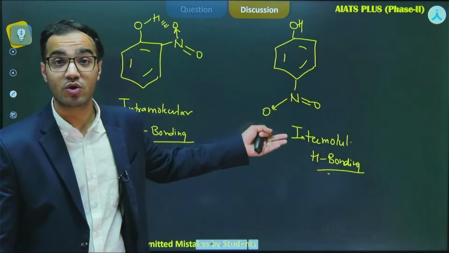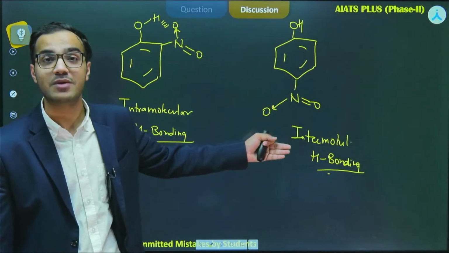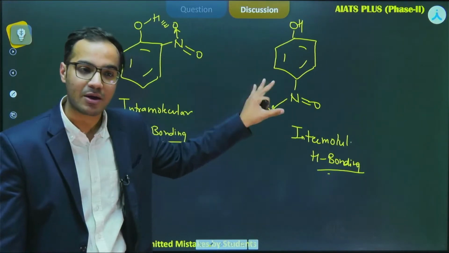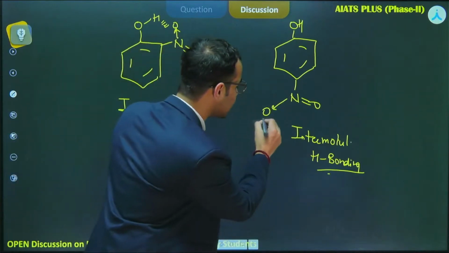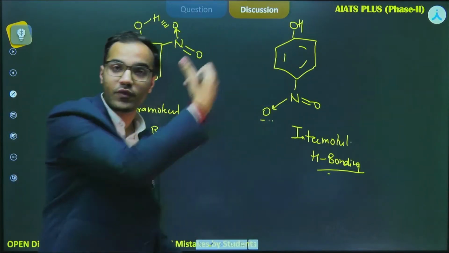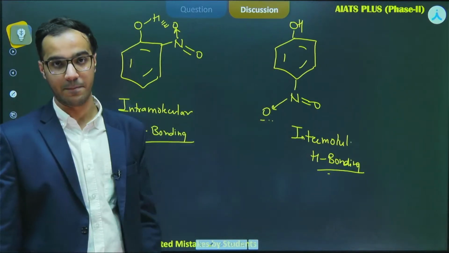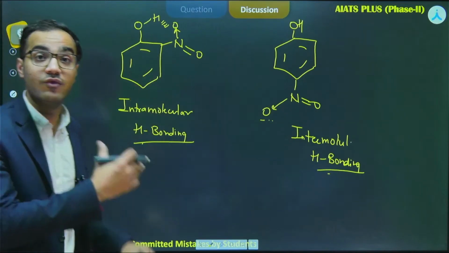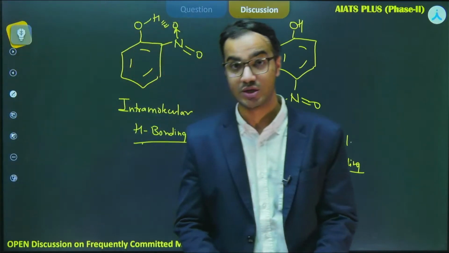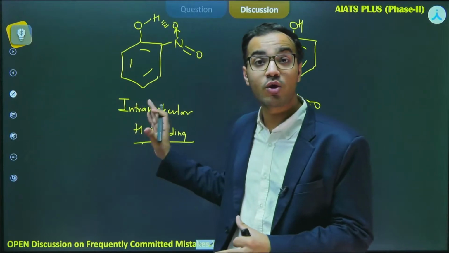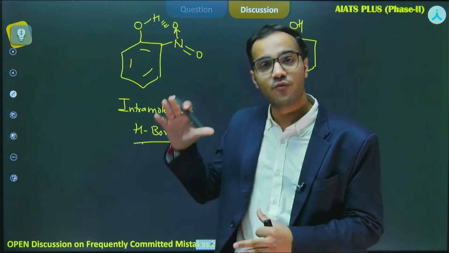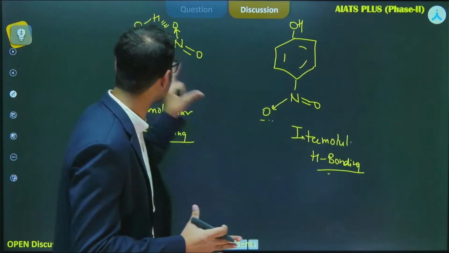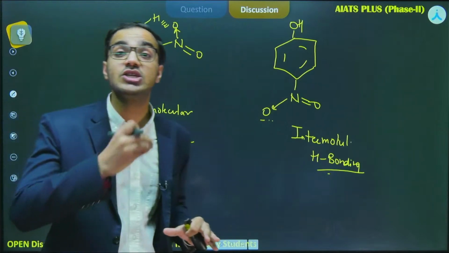How can it show intermolecular hydrogen bonding? The other molecule of the same compound will interact with it. Now, this O will interact with the OH position of the other molecule. And we all know that due to intramolecular interactions, it will exist as discrete molecules. It means the boiling point of orthonitrophenol is comparatively very low as compared to paranitrophenol, so this orthonitrophenol is steam volatile.